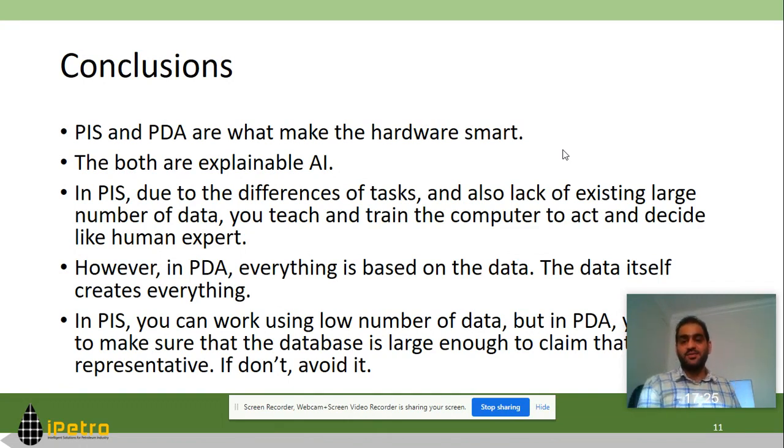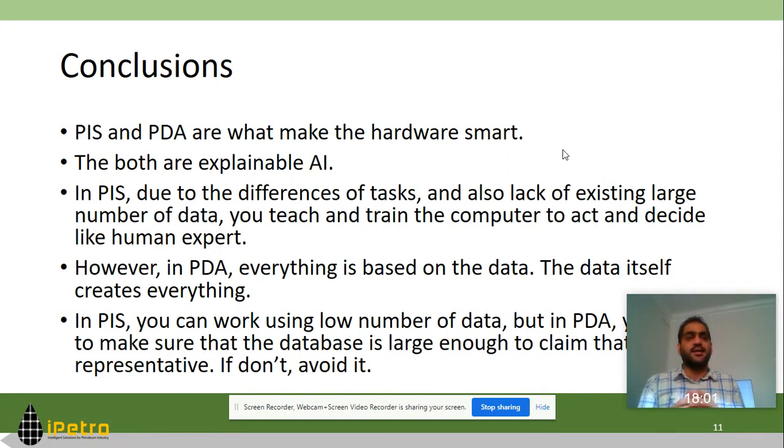In PIS, due to the differences of tasks and also the lack of a large amount of existing data, you teach and train the computer to act and decide like a human expert. It's very important. In PIS, we train the computer because we don't have a very large database to rely on for creating the physics and the assumptions. Another thing is the differences of tasks.